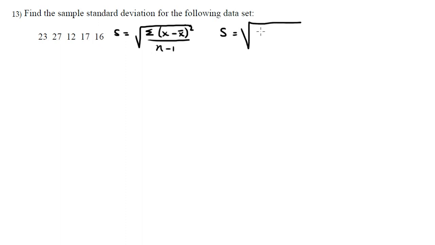So first let's write the formulas up here. Here are the two formulas. S for sample standard deviation. We have the square root of the sum of x minus x bar squared divided by n minus 1. The other formula, S, the shortcut formula here, square root of n times the summation of the x value squared minus, oh no, I wrote that wrong, sorry.